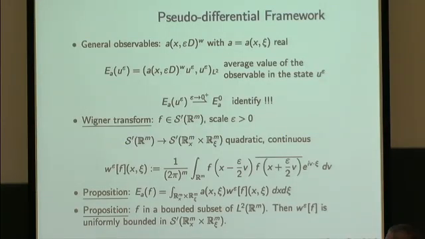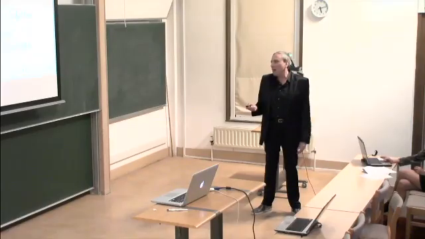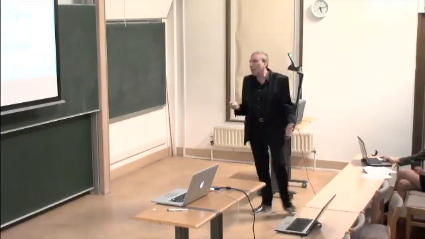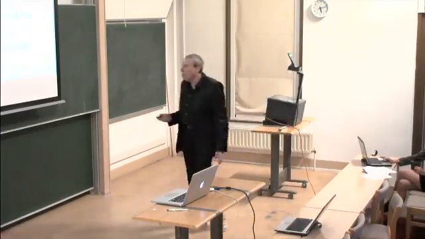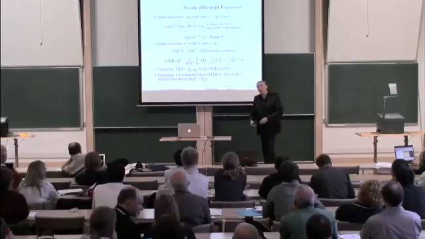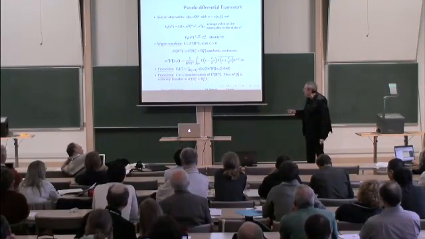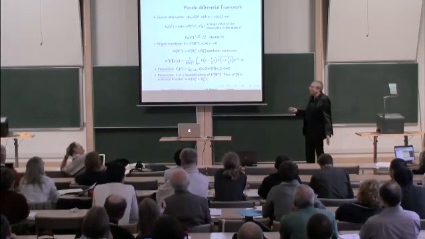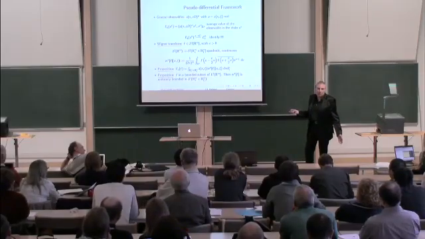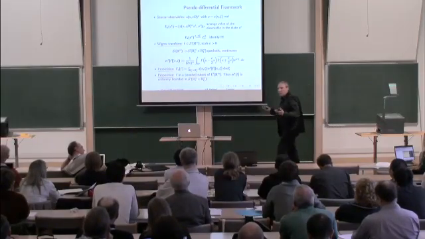Now, another proposition, which is also very easy to prove, says that if the f are not only a sequence of tempered distributions, but functions which lie in a bounded subset of L2, then when you compute the corresponding Wigner transforms, what comes out is uniformly bounded in the space S prime, the space of tempered distributions on phase space.